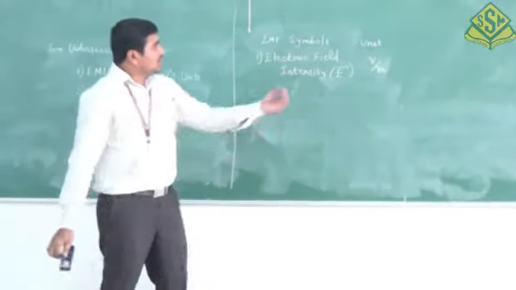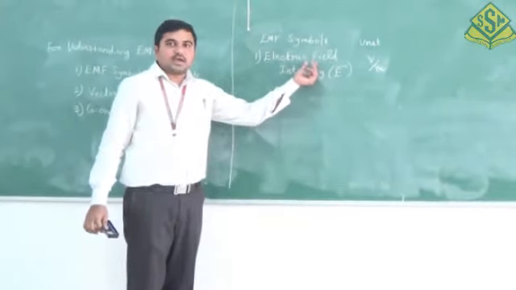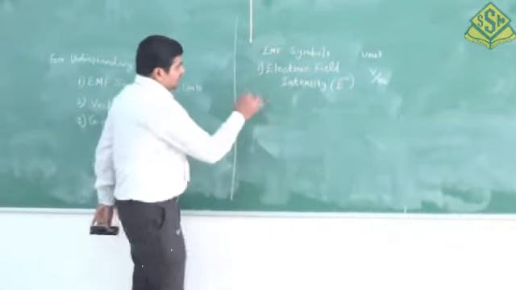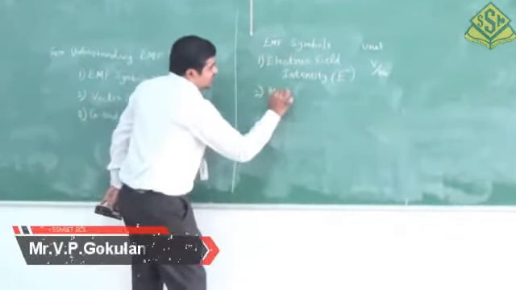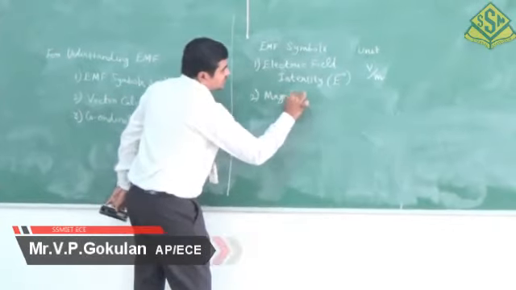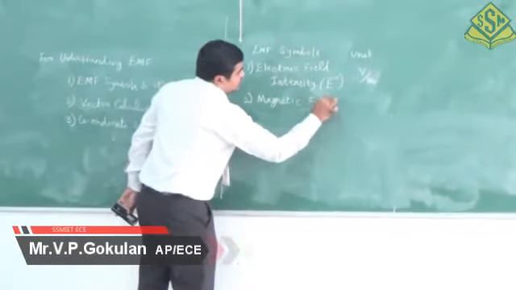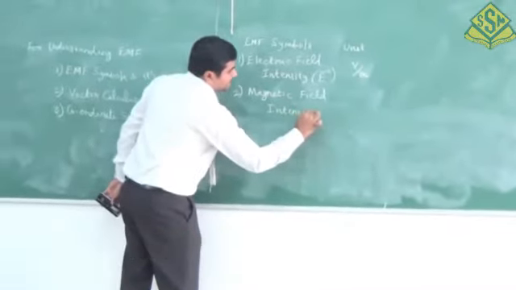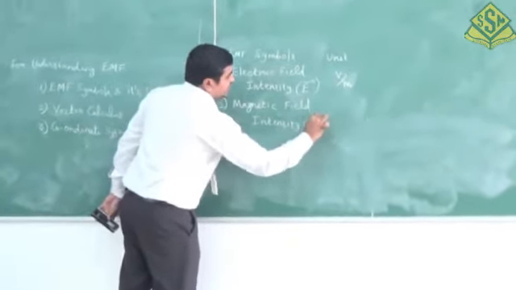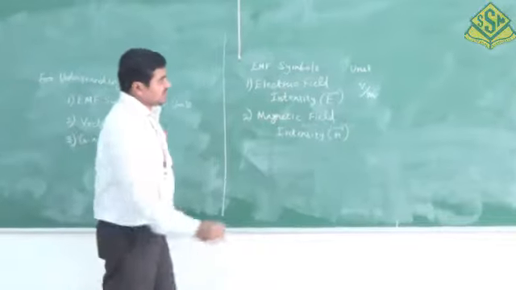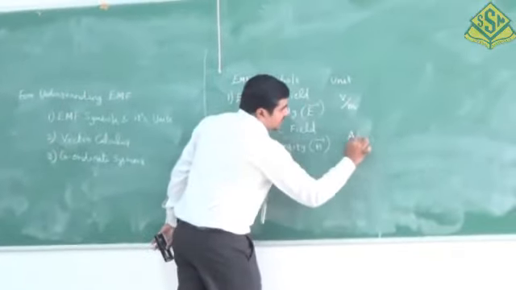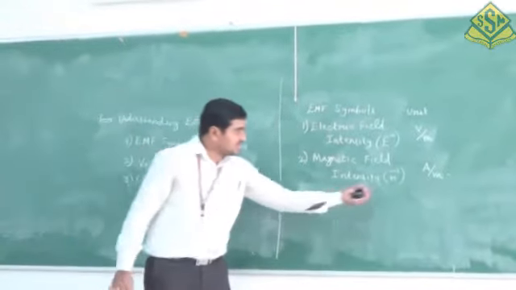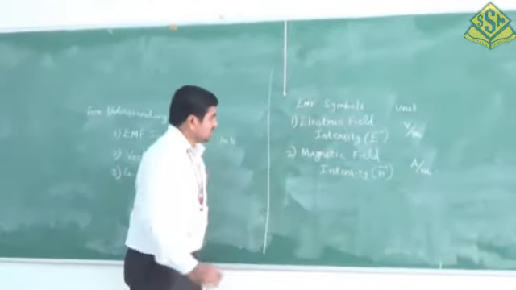That is, voltage per unit length is called electric field intensity. Likewise, magnetic field intensity, H vector, is defined as current per unit length. It is represented as capital H vector.